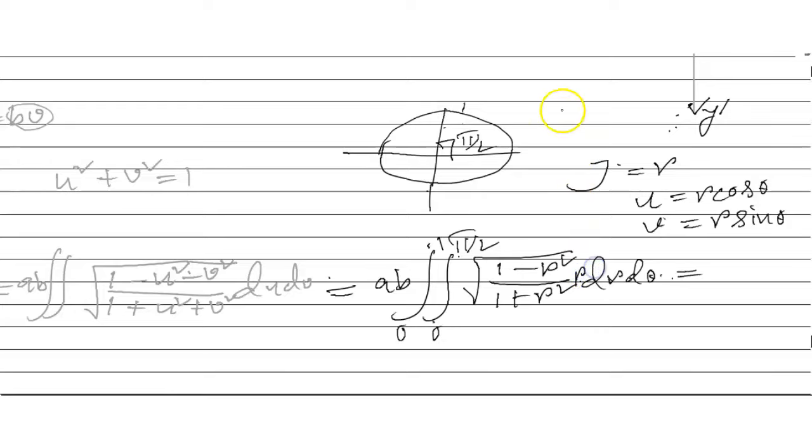Jacobian means the transformation of coordinates. The Jacobian is del(u, v) divided by del(r, theta). So my answer will come r.